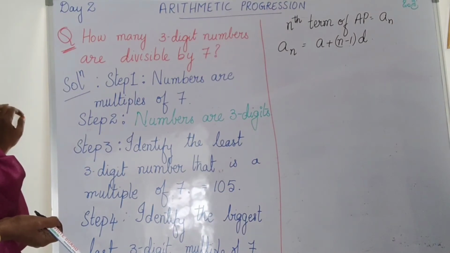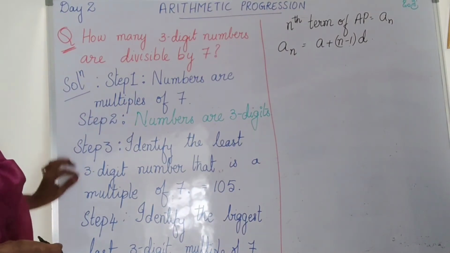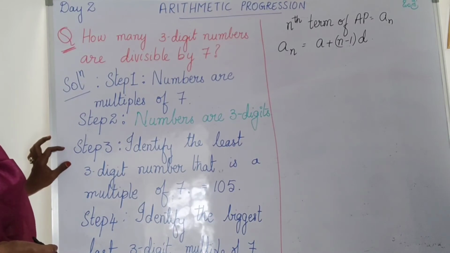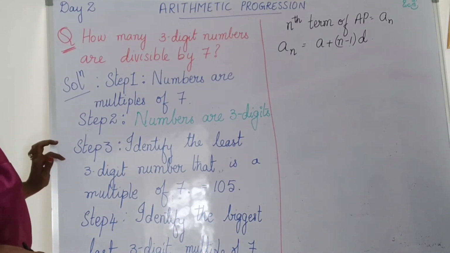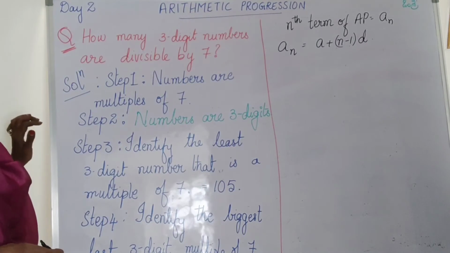Here we need to substitute the values of an, a and d, and then we'll get the value of n.